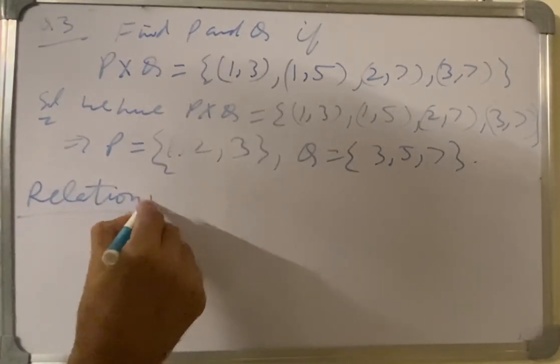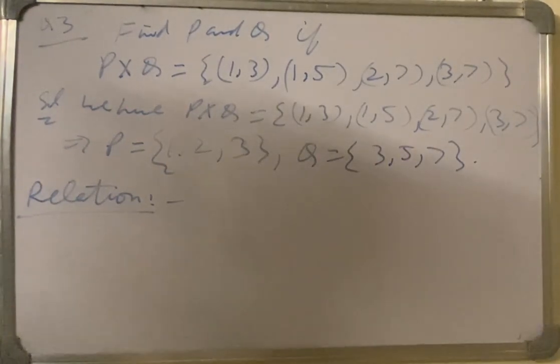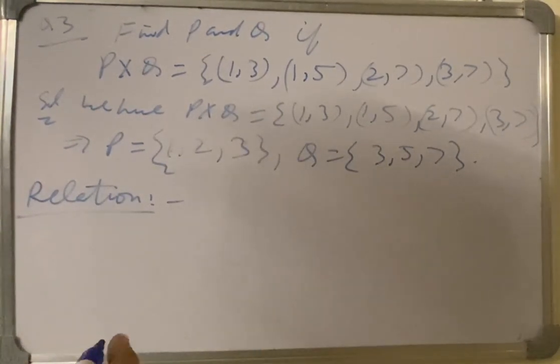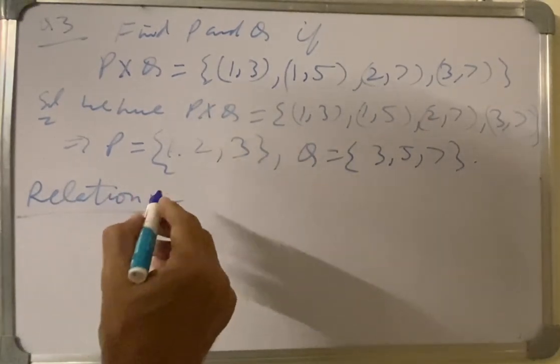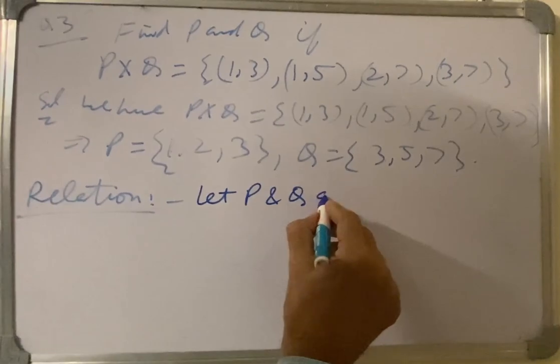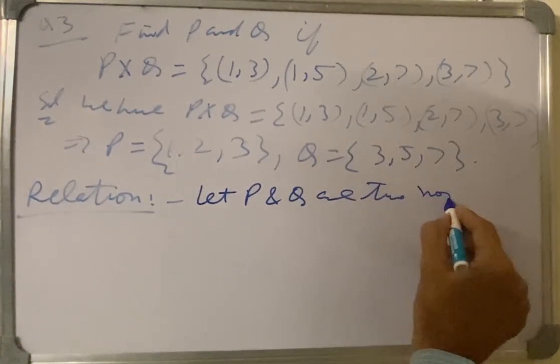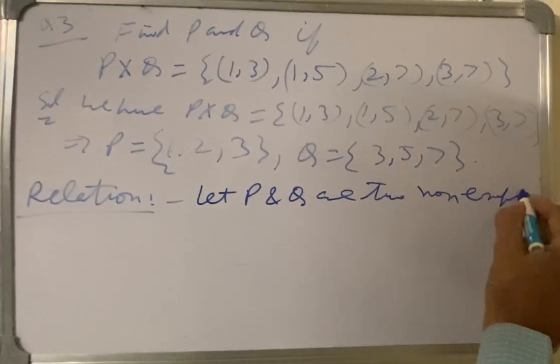So that's all. Then we take a relation. We define what a relation is. Let P and Q be two non-empty sets.